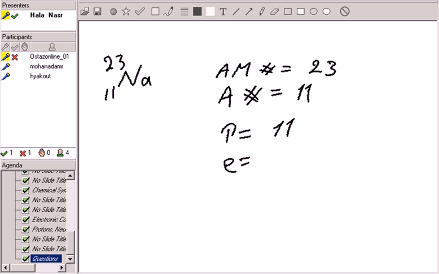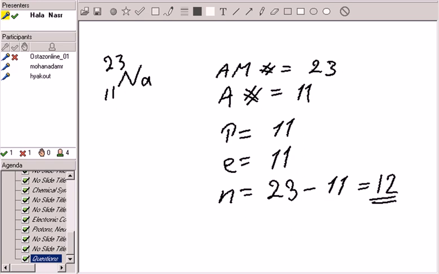Very good. And the number of electrons? 11. Excellent, because it's equal to the protons. And that's why the atom is neutral. Now, let's see the neutron. Do you know how to do it? 12. How did you know? Very good. So 23 minus 11 equals to 12 neutrons. So sodium has 12 neutrons.